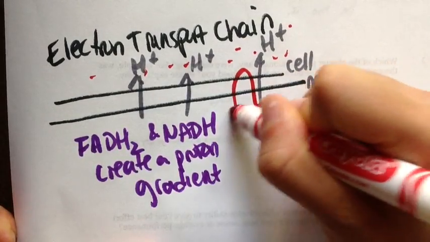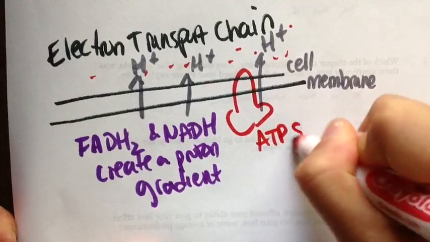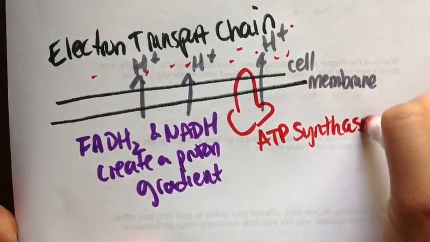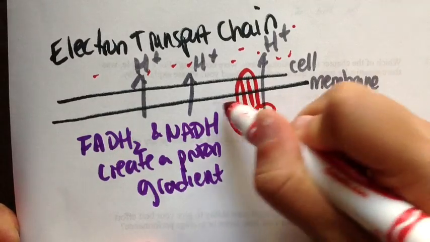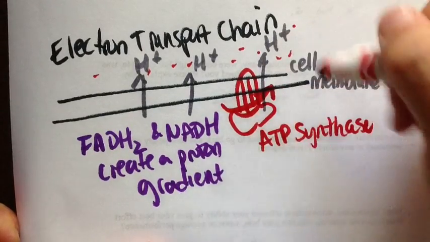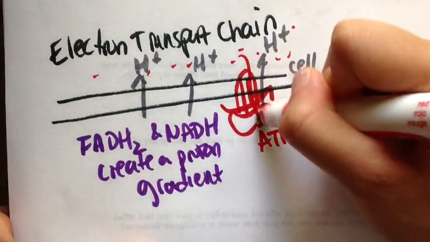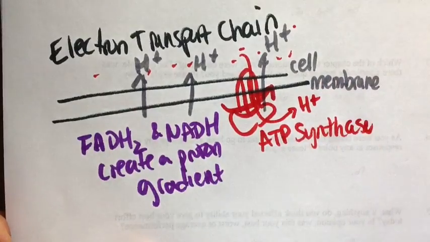This special enzyme called ATP synthase kind of acts as a motor that's going to rotate. And as it rotates, the protons are going to drop back out. So what's this like in real life? You can think of it like a windmill.